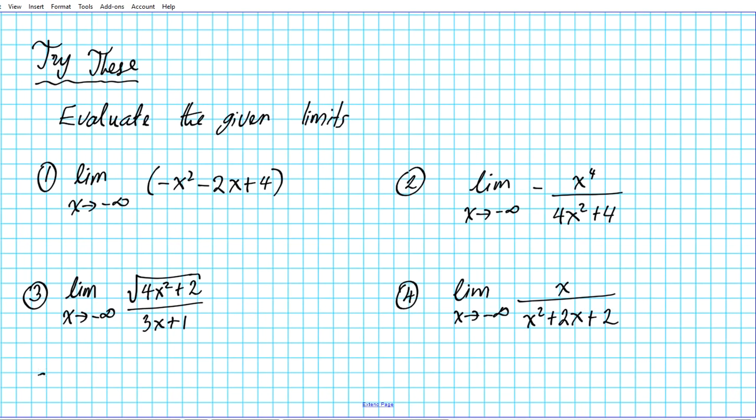And then number 5, what if you're to find the limit as x approaches infinity of 4x over the square root of the square root of x squared plus 2.